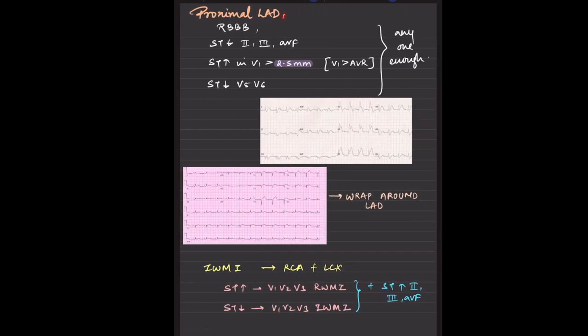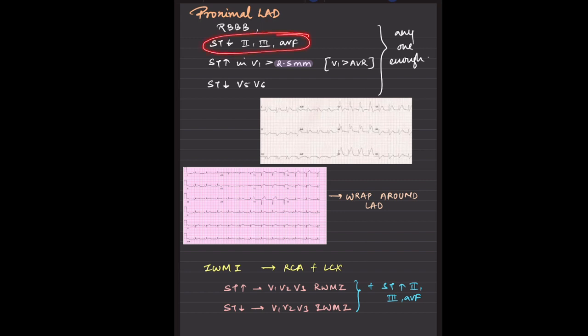If the patient is suspected of a proximal LAD block, how do we see the patient? The patient will be suffering from LBBB. Why? The left bundle branch and the right bundle branch are supplied by the LAD. There is ST elevation in V1 which is more than 2.5 mm, and there is ST depression in V5 and V6.